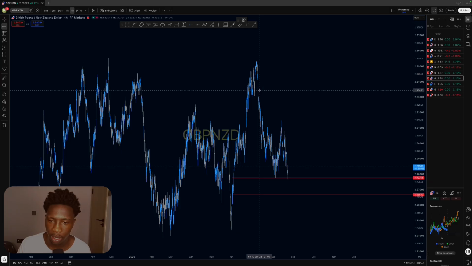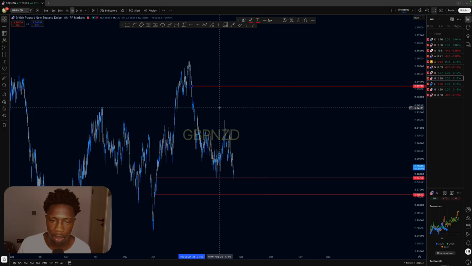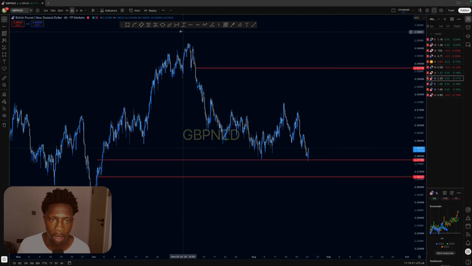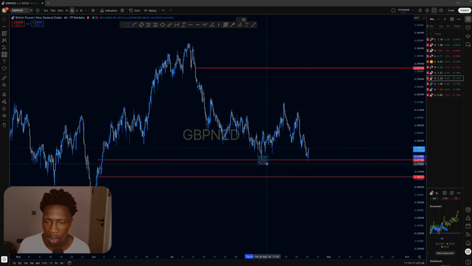But right here there is a move that we need to look for before we consider the market good to trade. You see, this low is a good thing, and then you see this low, it's a good thing.